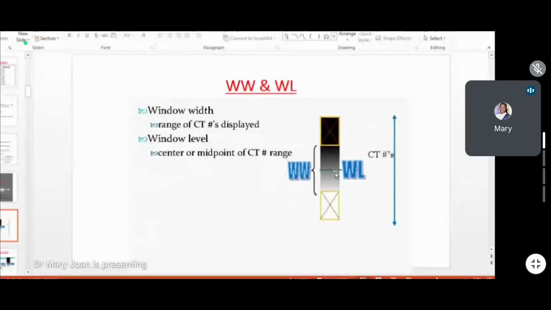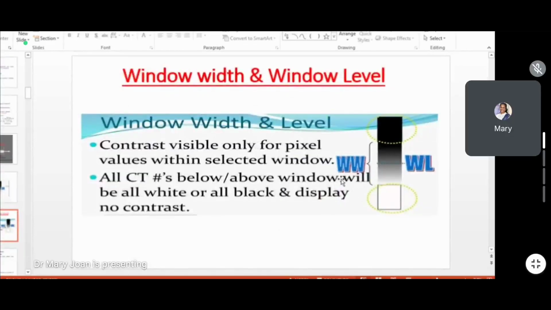So this is another representation. Window width is the range of CT numbers. Contrast is visible only for pixel values within the selected window, and all CT values below and above the window will be all white or all black and display no contrast.